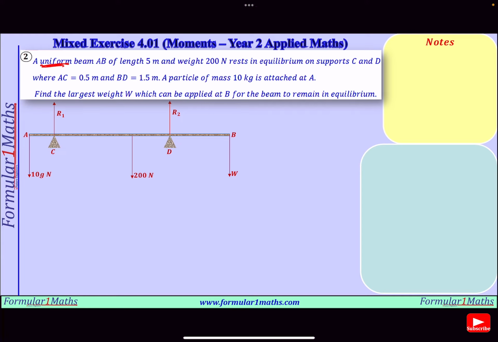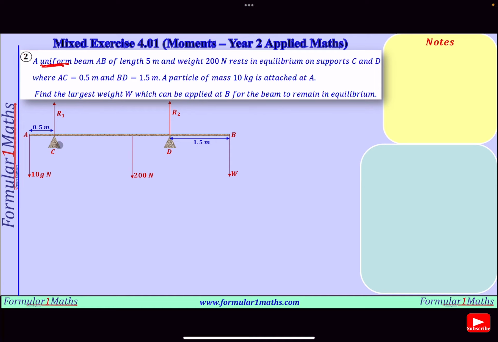We need to take moments now. Before we take moments, we need to find the respective perpendicular distances of the lines of action of the forces. So we know that AC is 0.5 and BD is 1.5. This point here is the center of the beam. That means from A to this point is 2.5.